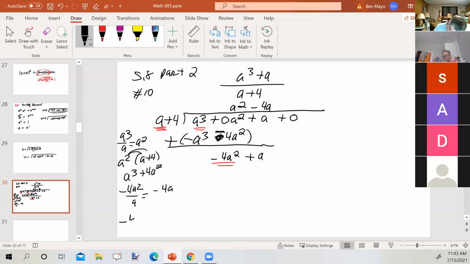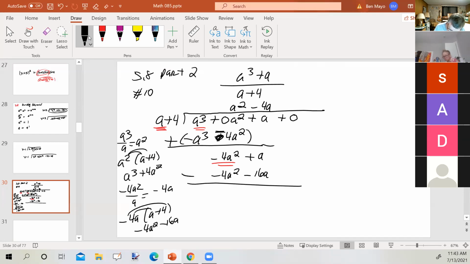I'm going to take negative 4a times the a plus 4, which is negative 4a squared minus 16a. We're going to subtract that quantity from what's up above, but we're going to change it to addition of the opposite. Negative 4a squared plus 4a squared is 0a squared. A plus 16a is 17a.